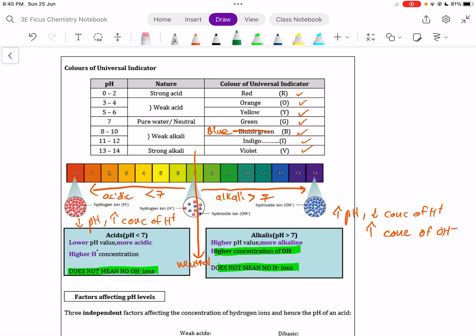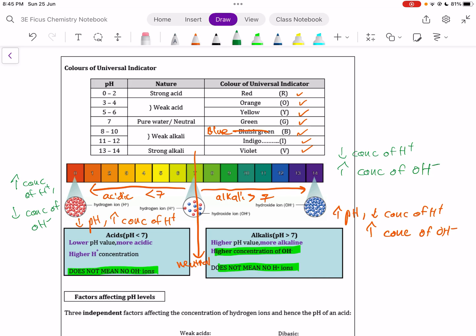It's just that on one side you have a high concentration of H plus and very low concentration of OH minus, and on the other side very low concentration of H plus and very high concentration of OH minus. That's what it actually means.